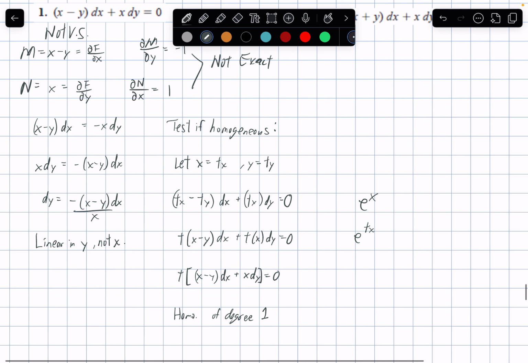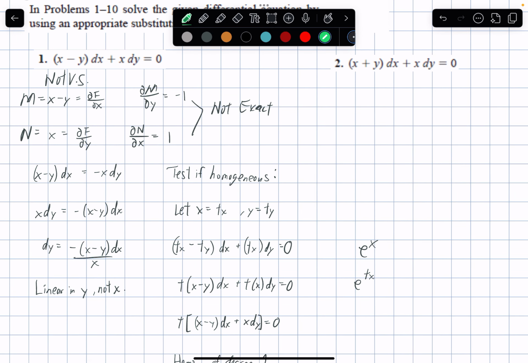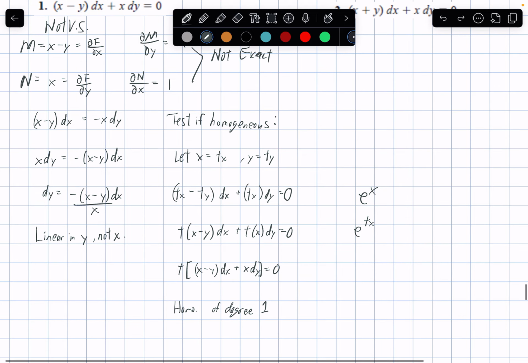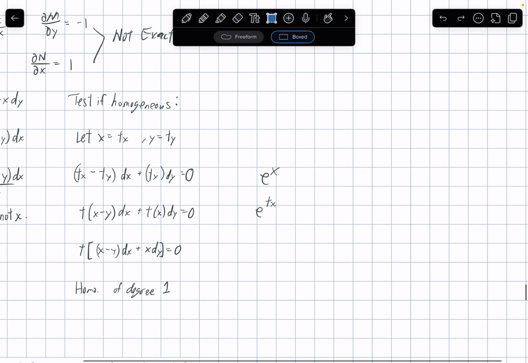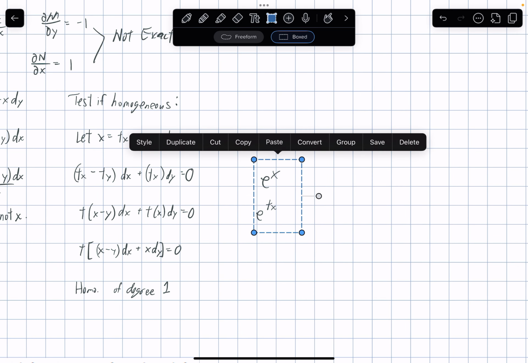So as you can see, although we substituted x as tx and y as ty, when we factor or segregate t away, we still retain the original differential equation. So that is the main factor to determine if a DE is homogeneous. Okay, so this one is not homogeneous.